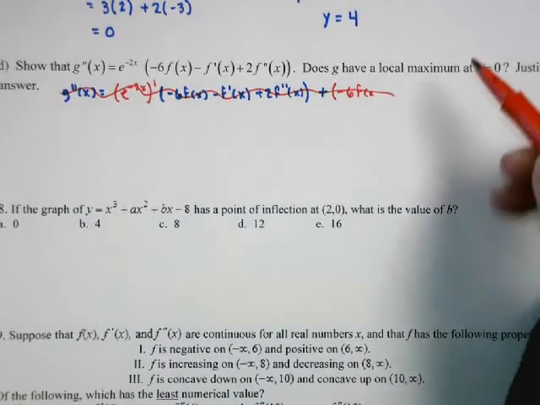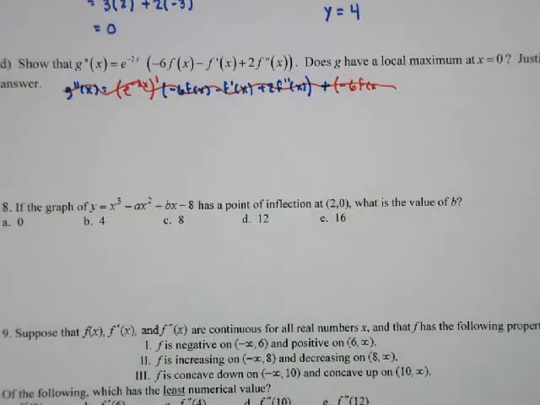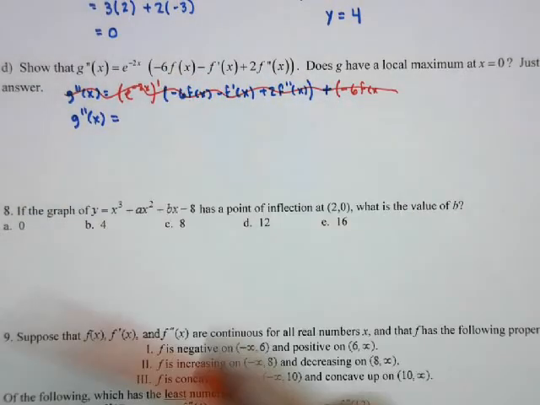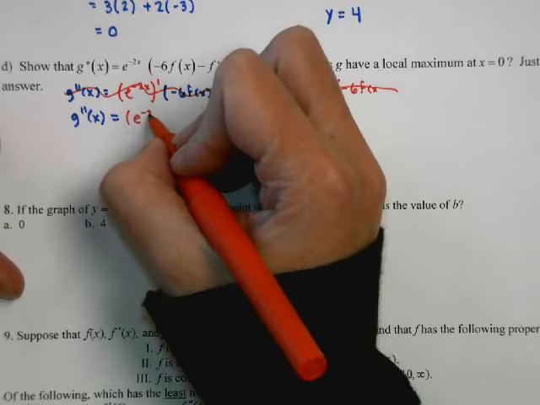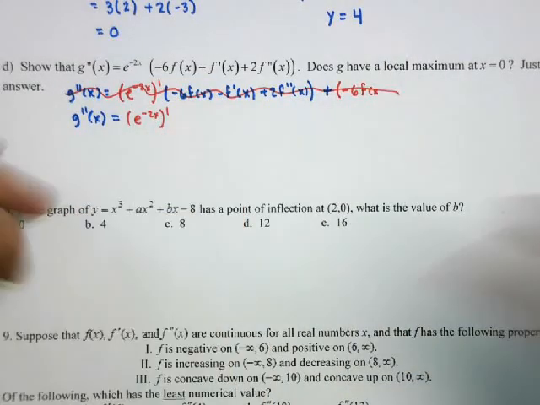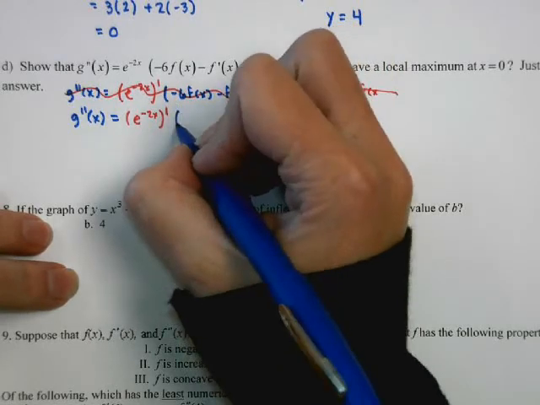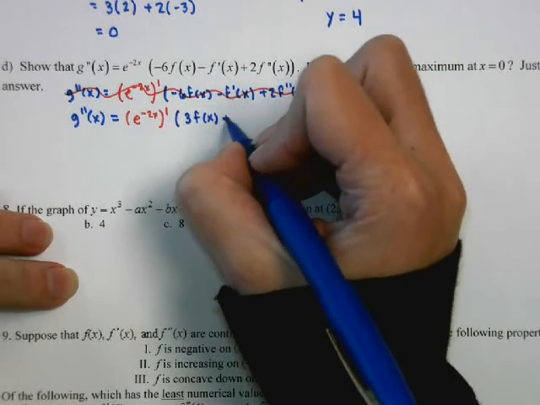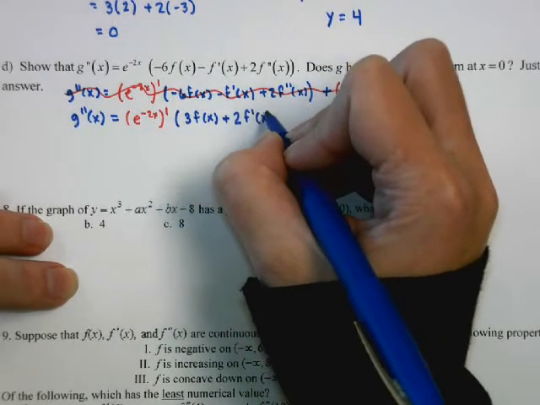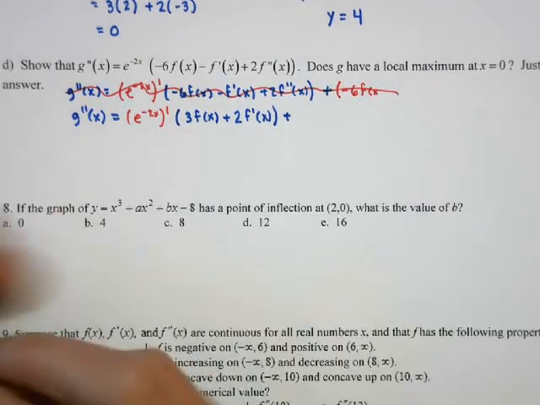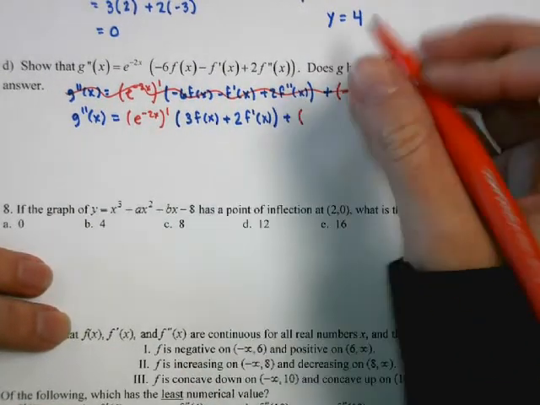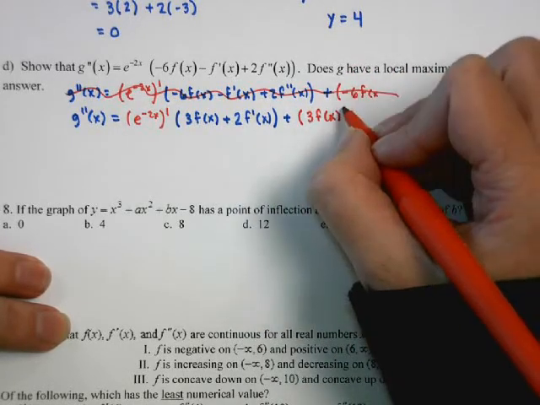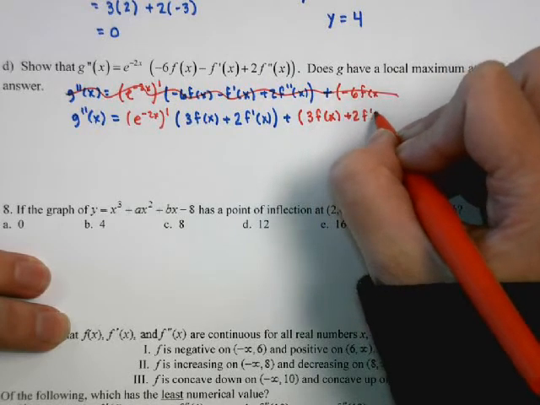Let's try that again. g double prime of x is equal to the derivative of e to the negative 2x times the original first derivative, plus the derivative of that first derivative times the e to the negative 2x.